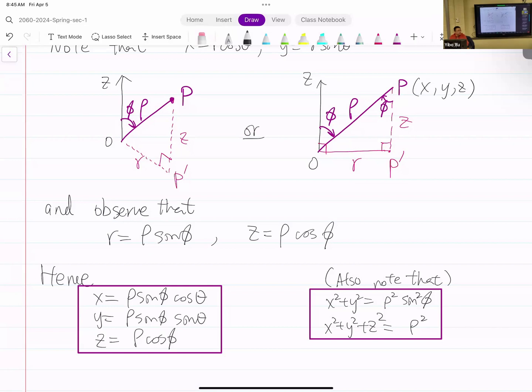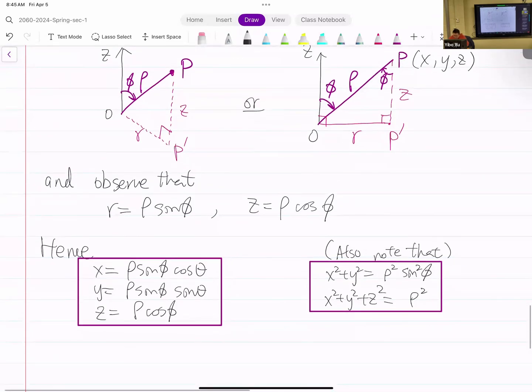Any questions so far? Let's quickly look at an example. We see now that instead of x, y, z, we have one distance and two angles. That's one more angle compared to the polar coordinates.